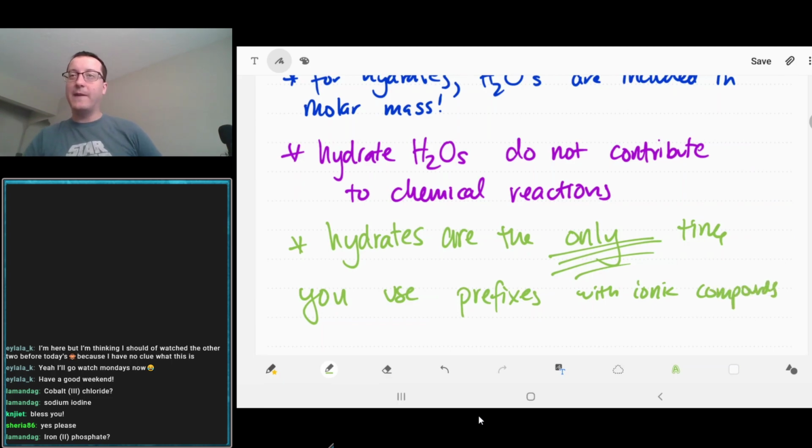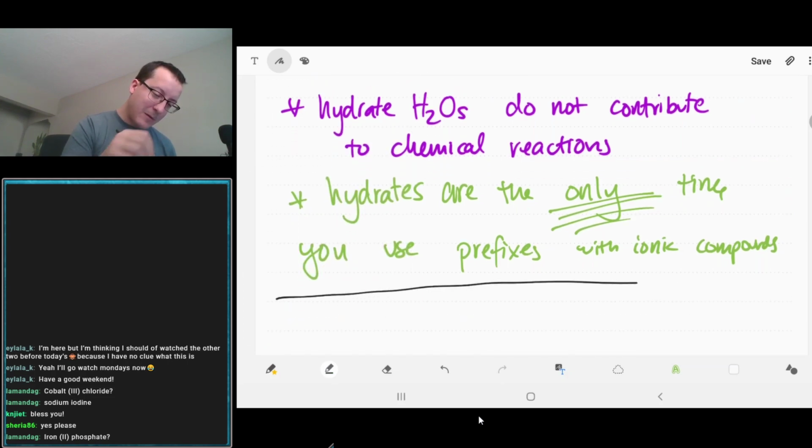We're going to see what that means in just a second. But the most common error that students make when naming ionic compounds is, we've just spent a day and a half talking about how to name these things, right? Students will just throw it right out the window when we go to our next group of how to name things, which we're going to see right now.